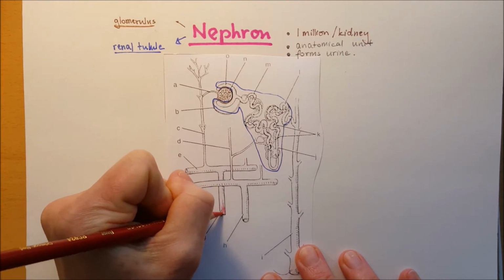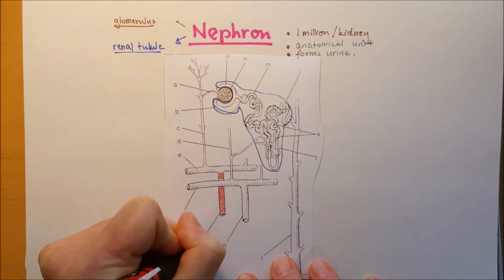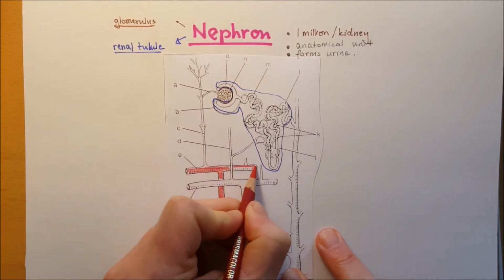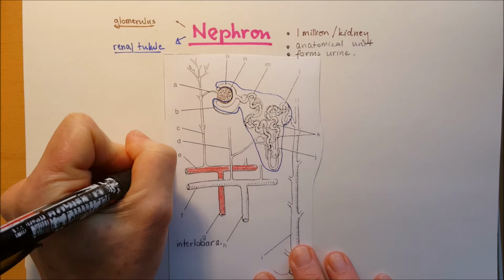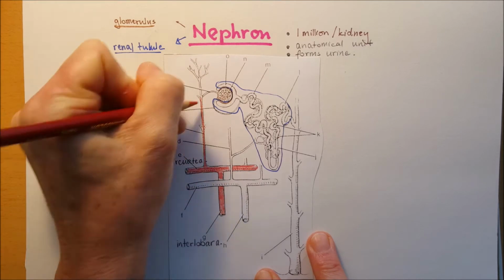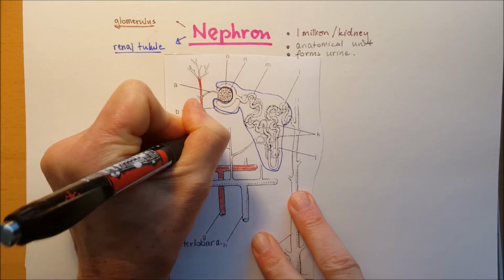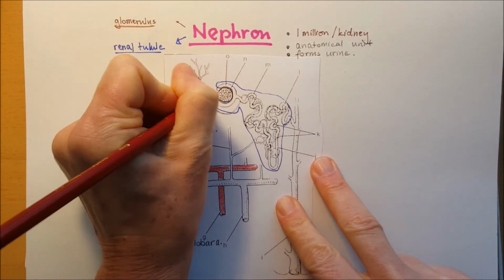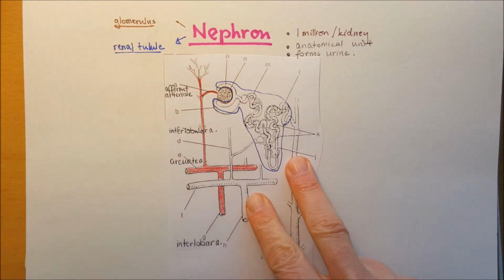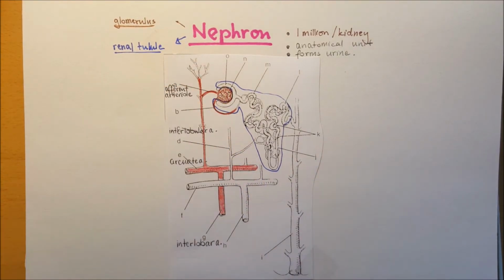Now let's go with the vessels. This first one is the interlobar artery that is between the pyramids. Remember that when we covered that, they break up into the arcuate arteries, which vertically give off the interlobular arteries, and tinier vessels come off like the afferent arterioles, that start to form a capillary network as a glomerulus.